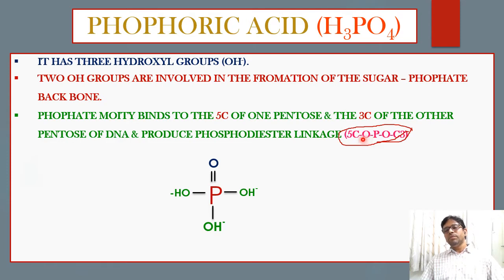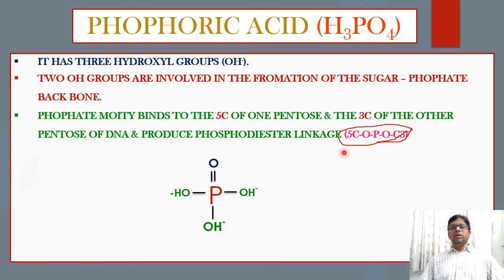Hydrogen is removed from this hydroxyl group, only oxygen is present here, and this is the 2nd ester bond, which is also present at the 3rd carbon and the other OH group of the phosphate moiety. Here also hydrogen is removed. So in this way, 2 ester bonds are formed between the phosphate moiety and 2 pentose sugars, and the sugar phosphate backbone is formed due to phosphodiester linkage.